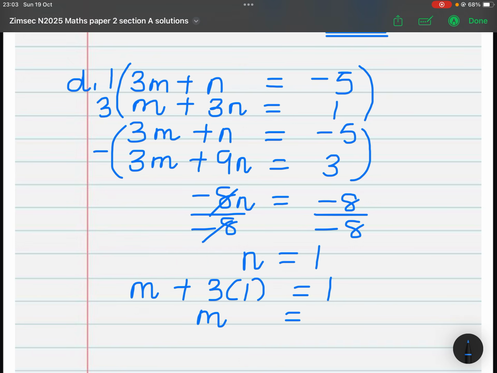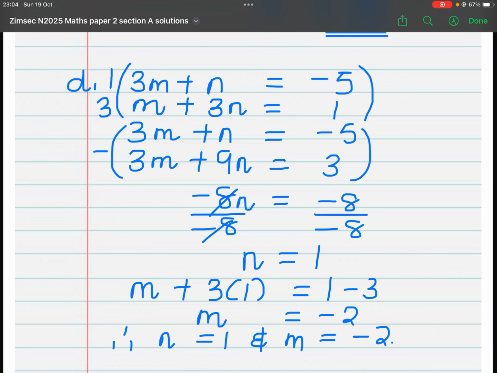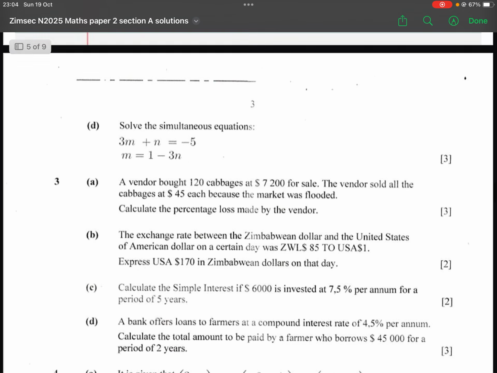And then I shift positive 3 to the other side, it is going to be subtracted. 1 minus 3, I get minus 2. So therefore, n is equal to 1 and m is equal to negative 2. So that is how we solve the simultaneous equation, and that was all about number 2. We can now proceed to the third question in section A.